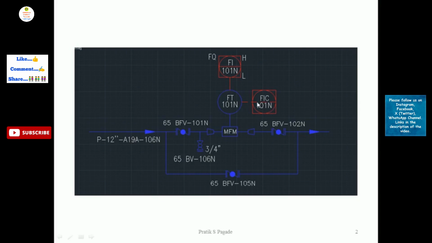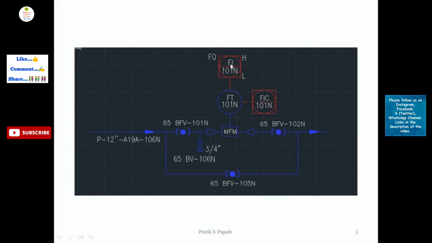Okay, so see here MFM is the actual element which we installed at the line as you can see here, online. Okay, and this measures the flow, and here this is the FT, flow transmitter, transmits the signals to the FI and FIC.